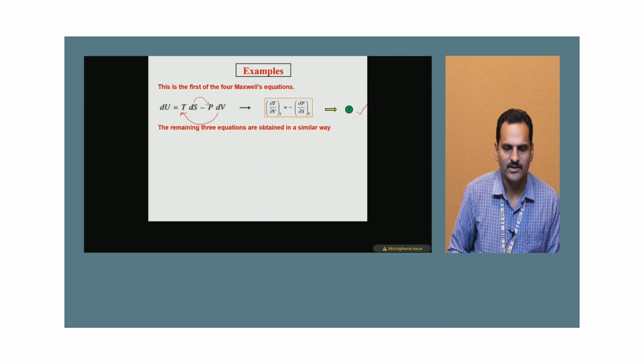Similarly, let's see the remaining three Maxwell equations.